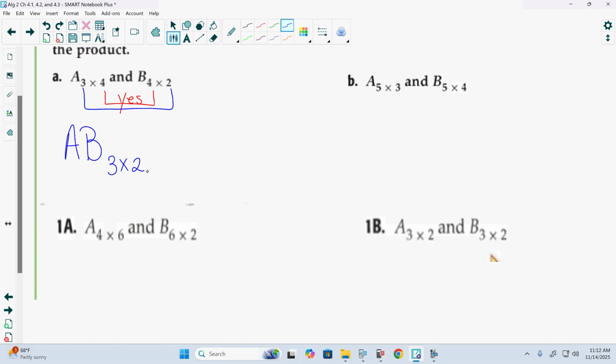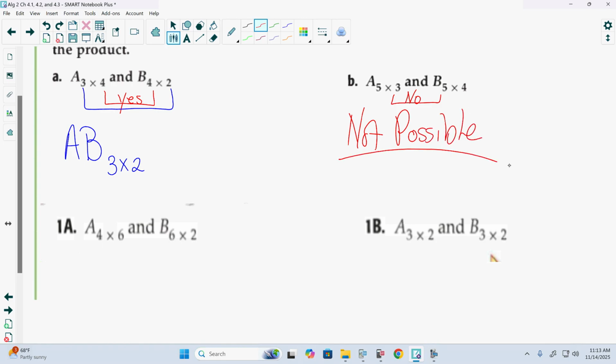Question on how we check to see if we can multiply, and what our new dimensions are, because that's all we're doing so far. So let's look at B. A's columns is 3, B's rows is 5, so we're doing A times B. The number of columns for A is 3, the number of rows for B is 5, so we can say no, because they are not the same, this is not possible, because the columns of the first have to match the rows of the second.